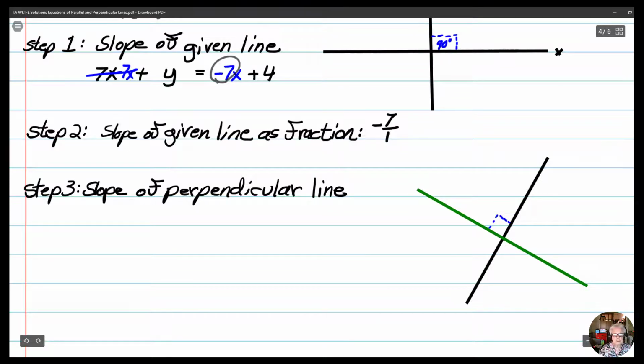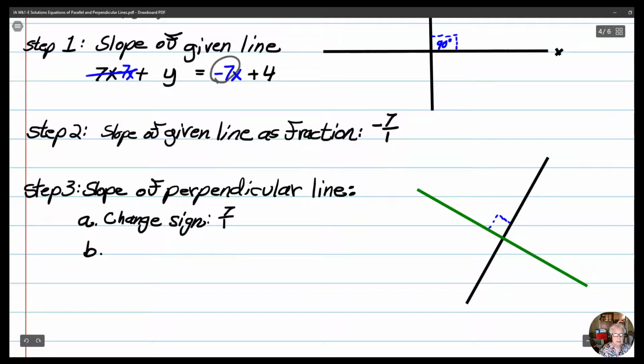Two-step process. A, change the sign. So we're dealing with positive 7/1. Don't stop there, though.